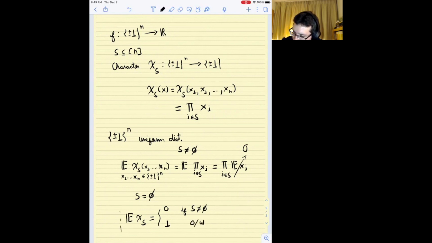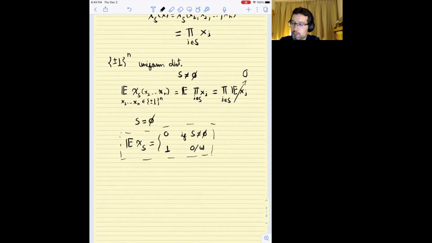So we have this very easy thing here, and we can endow this space with an inner product, right? So if you have two functions here, let's say we have f and g from plus minus 1 to the n to the reals, the inner product is the inner product under the uniform distribution.